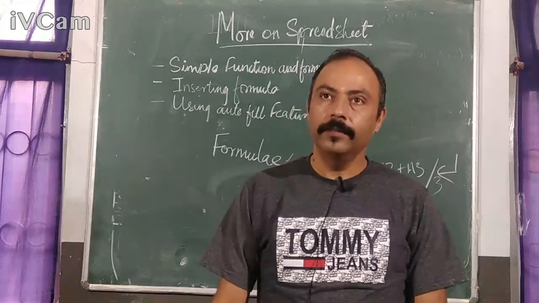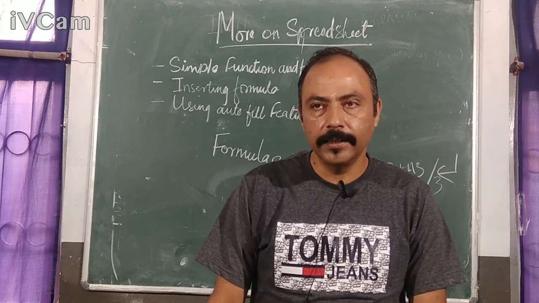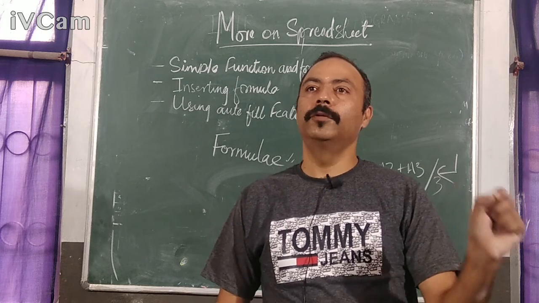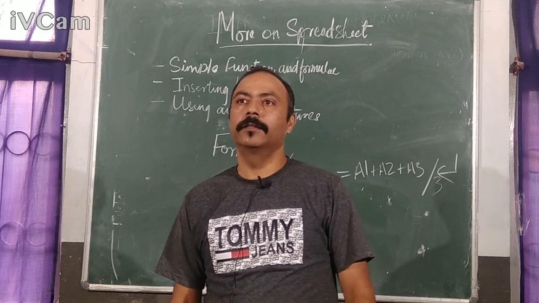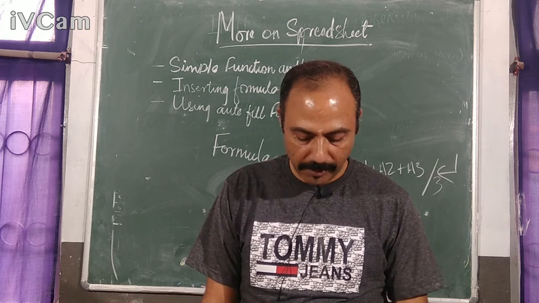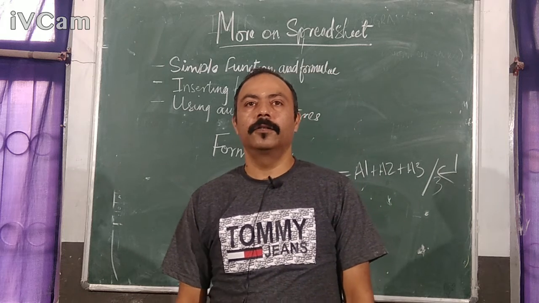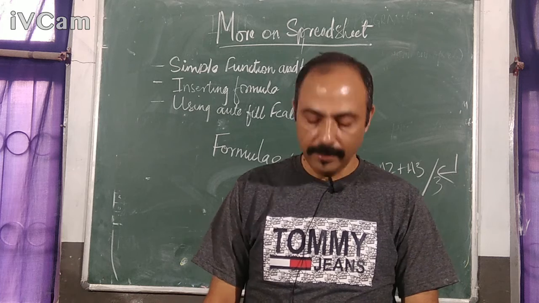So entering a formula is similar to entering a function. You select the cell, start with the equals to sign, write the formula using the operator plus, minus, multiplication, division, whatever you want. Then press enter, and the result of that formula, of that range, will be there.